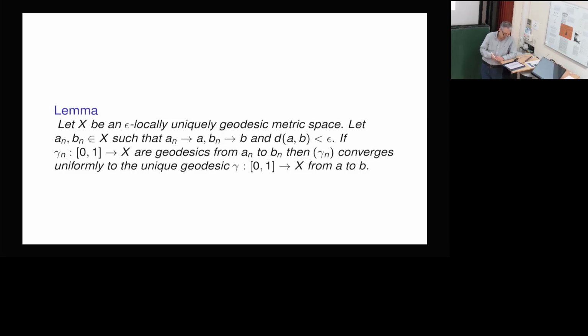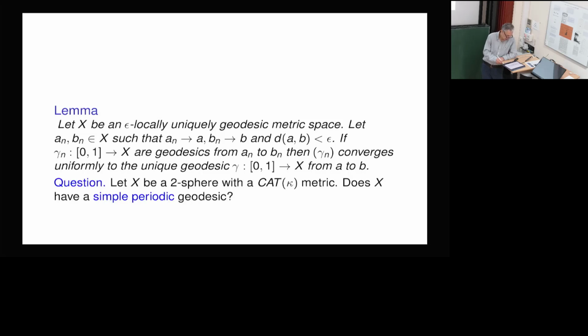For CAT(K) spaces, it's again the Birkhoff shortening trick.